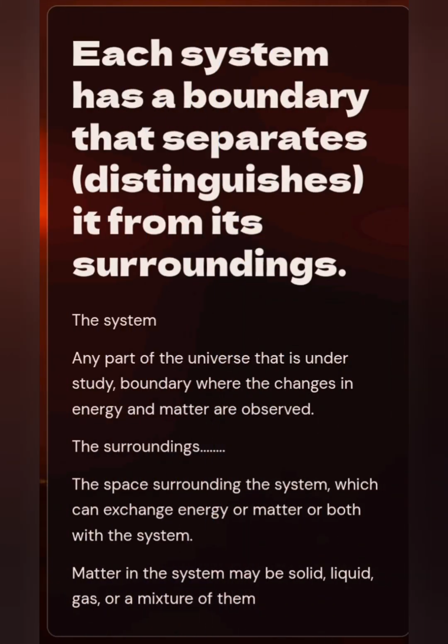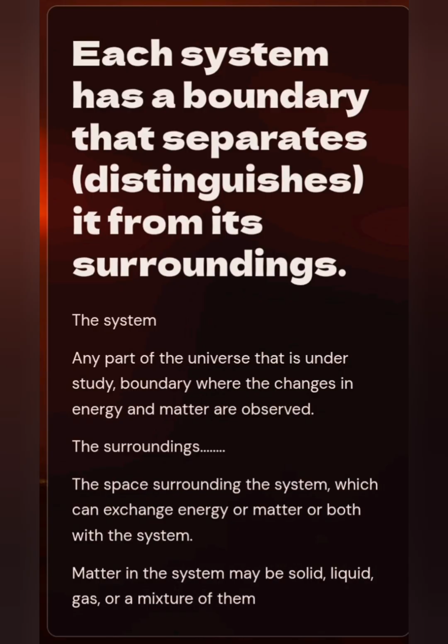Before we start our lesson today, we have to know that each system has a boundary that separates or distinguishes it from its surroundings. Okay? That is called the system. The system is any part of the universe that is under study boundary, where the changes in energy and matter are observed. Okay?